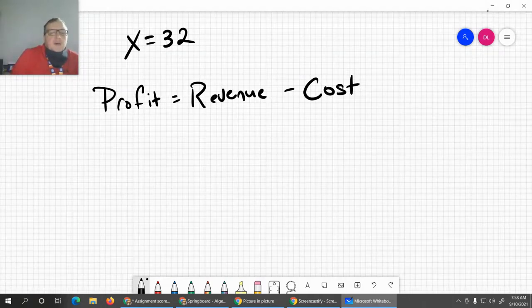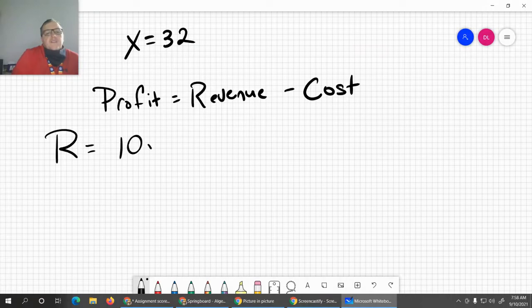The revenue is how much money are they going to make off of the competitors? What was the expression for the money they're going to charge the competitors? 10x, right? Well, this is 10 times 32, which is $320.